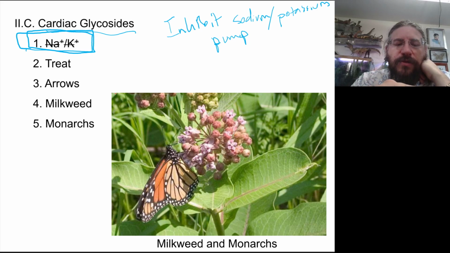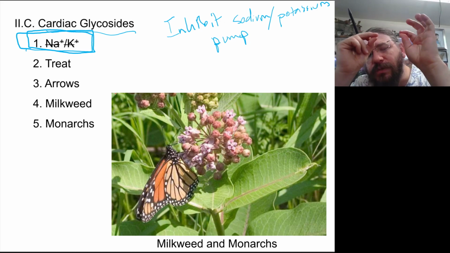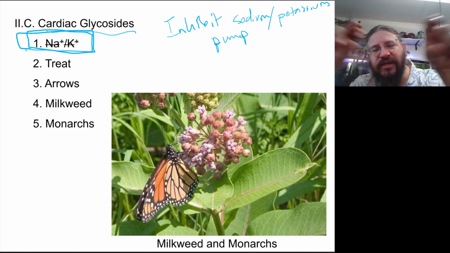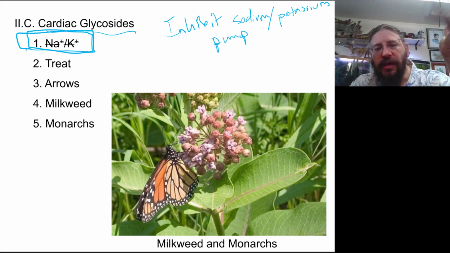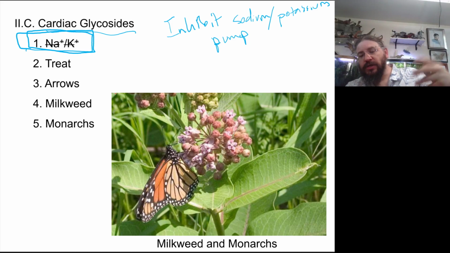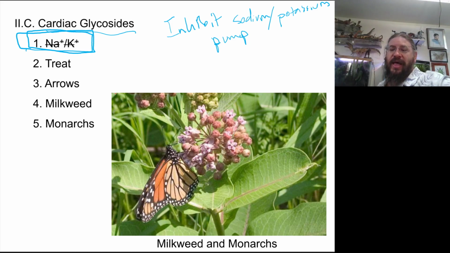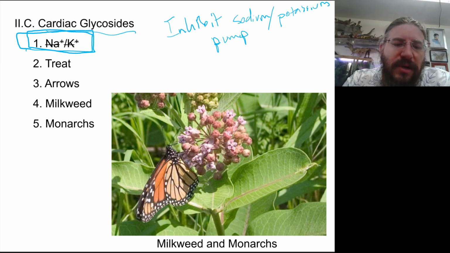So you take 3 positive charges out, 2 in, and you have decreased the charge by 1 to maintain the resting ion charge difference outside versus inside. You shut that down and you slow and stop nerve signals.